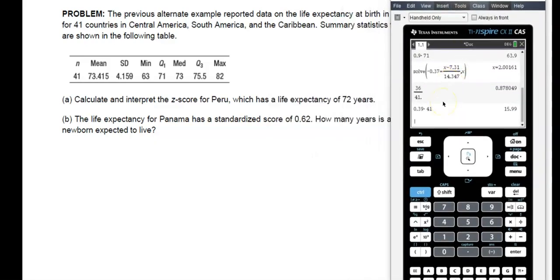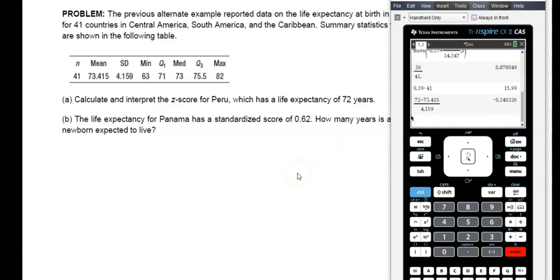So I would do your fraction, 72 minus the mean of 73.415. Let's see if we can make a prediction. So 72 is below the mean, so I think this is going to be a negative z-score. When we do this, the standard deviation is 4.159. We get negative 0.34.